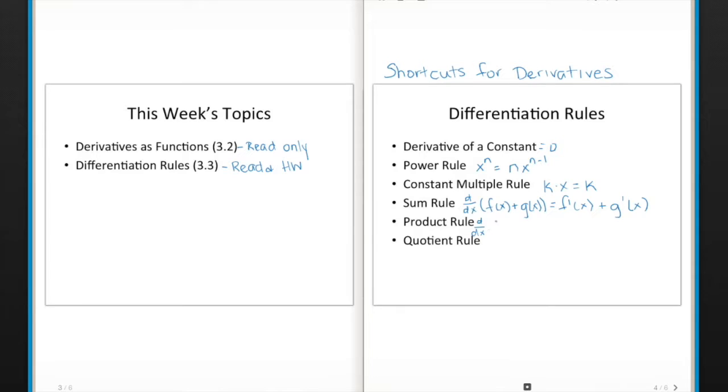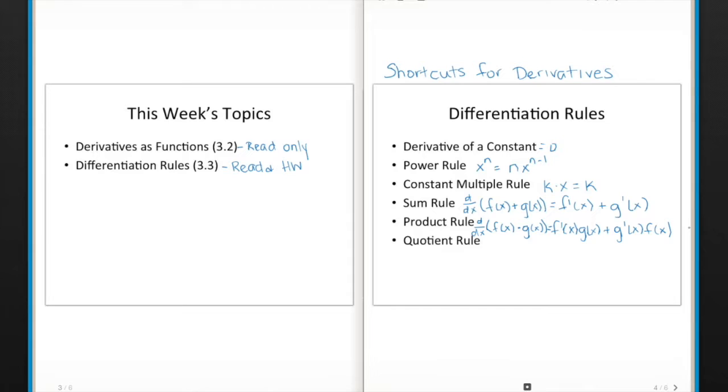The product rule gets a little trickier. It's not like the sum rule. You can't just multiply the two derivatives together. For the derivative of two functions, f of x and g of x, being multiplied together, you take the derivative of the first function and multiply it by the second function.